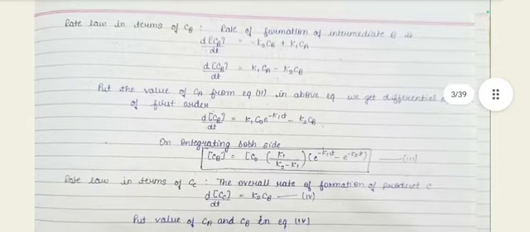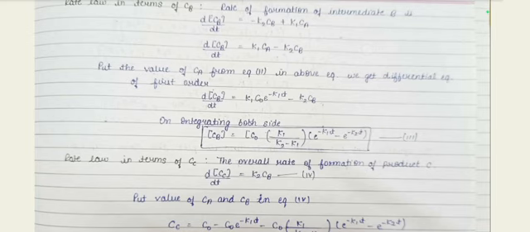Rate law in terms of CB: the rate of formation of intermediate B, dCB by dt, is equal to K1 CA minus K2 CB. Put the value of CA from equation 2 in the above equation. We get the first order differential equation dCB by dt is equal to K1 C naught e raised to power minus K1 t minus K2 CB.